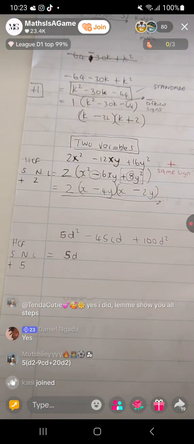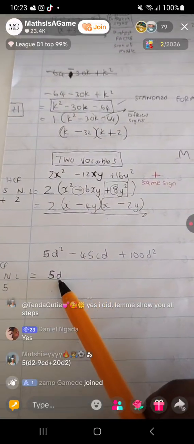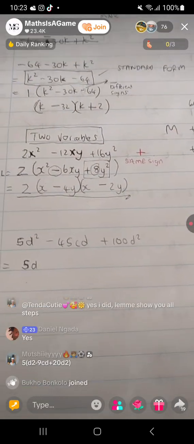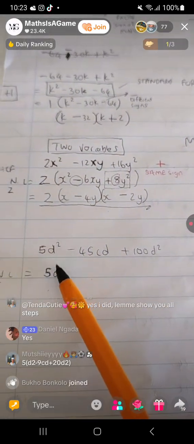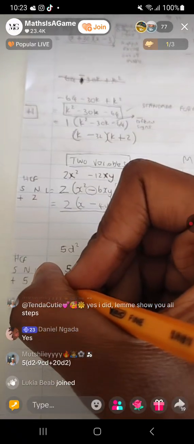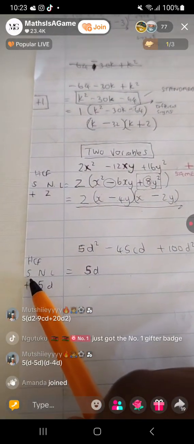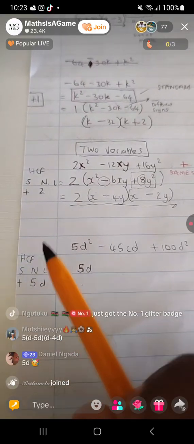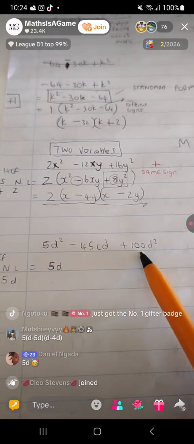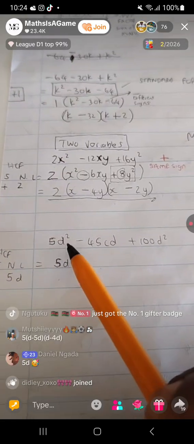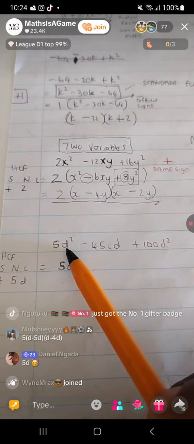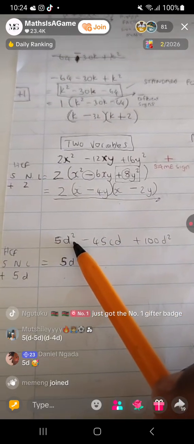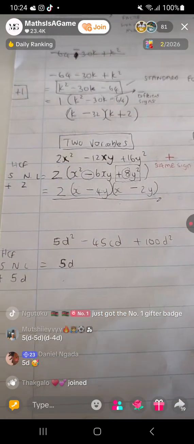Yeah, I hope you can see, guys. 5D. D is common. So our highest common factor sign, let's repeat, is positive. Highest common factor number between 5, 45 and 100 is 5. Highest common factor letter, well, we see D, D, D. So we take the common base with the lowest exponent.